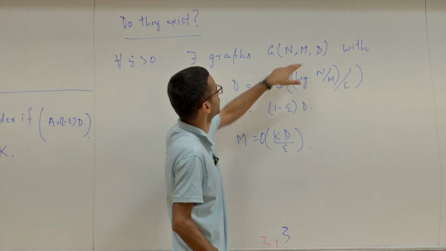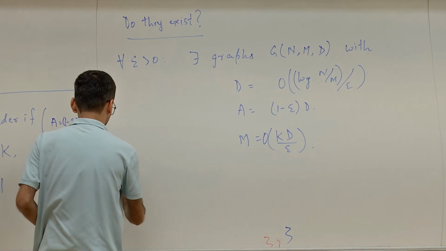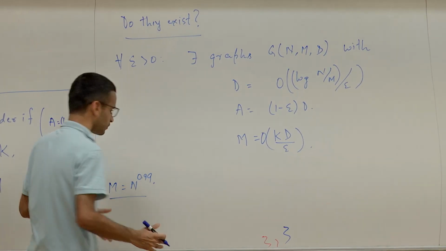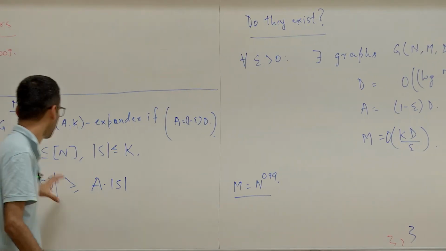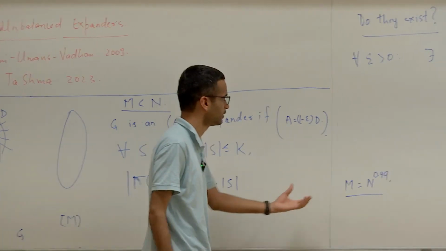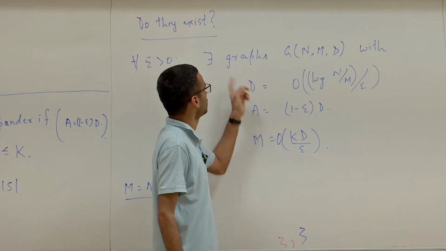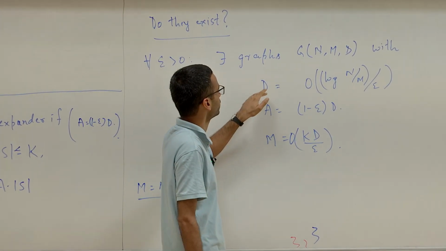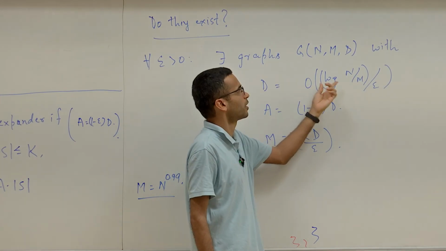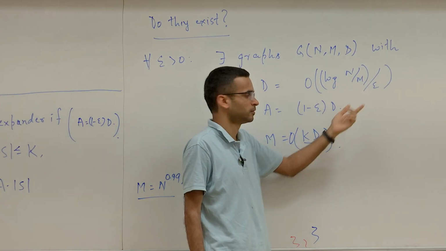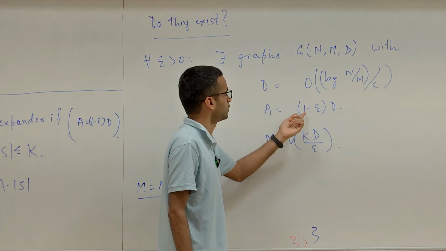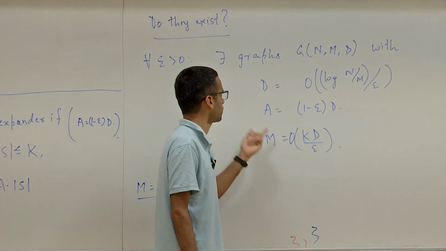Let's pick m to be n to the 0.99. So we are just compressing. The left hand side is polynomially smaller than the right hand side. In this setting, epsilon can be an arbitrary constant greater than 0. In this case, you get d to be order log n over epsilon, and you get A to be (1 minus epsilon) times d. This is what we wanted.